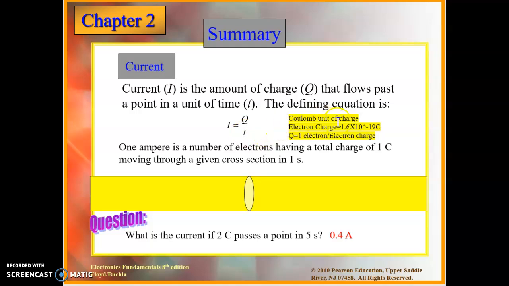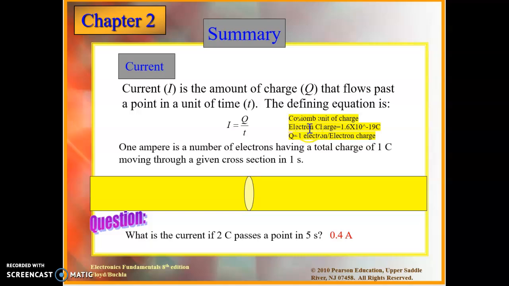Right here, coulomb, unit of charge. This is important because sometimes they tell us how many electrons we have in a specific area that is traveling, in a specific cross-section area, and we can still get the current. We are going to do examples in this chapter later so that you can see how this is applied.